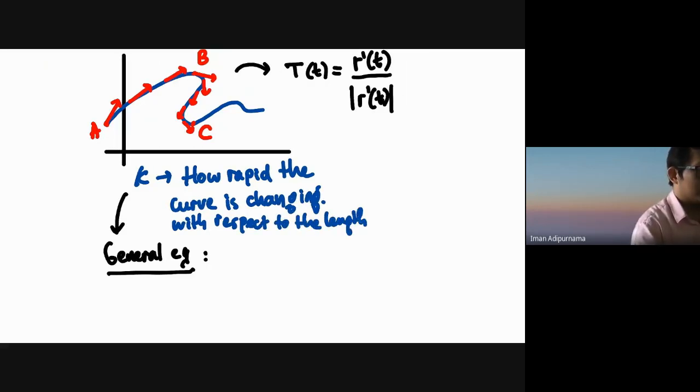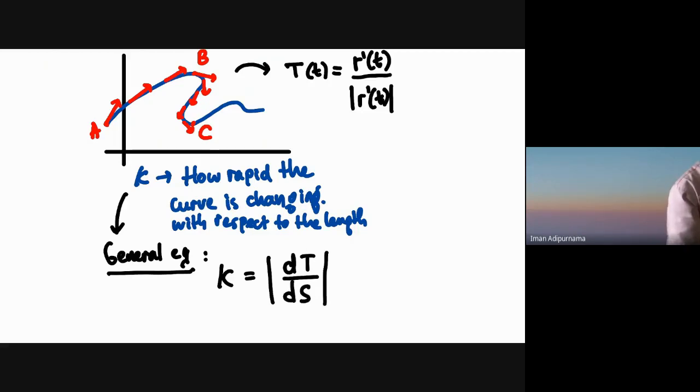Okay, like you see, it's still like this, but then changing to here, right? Okay, so the general equation: it's the tangent vector changing with respect to the arc length.